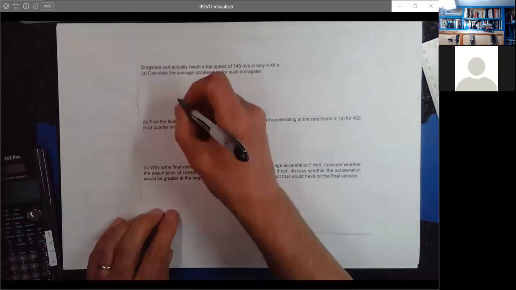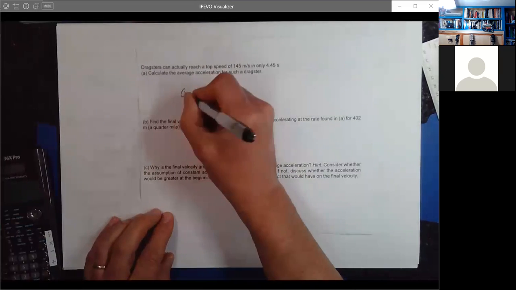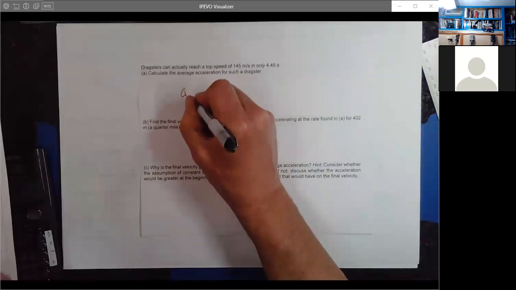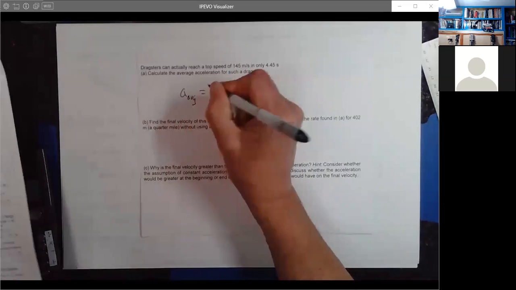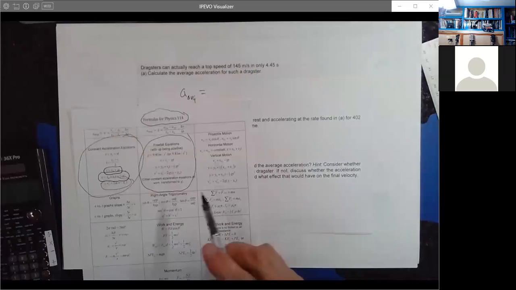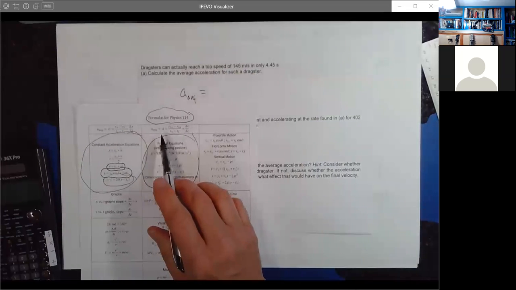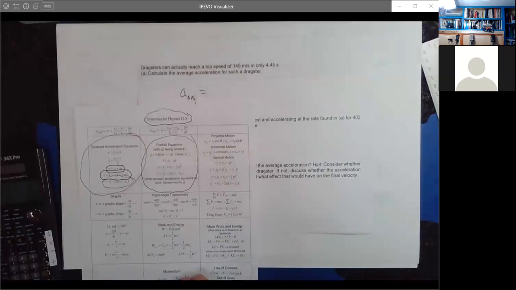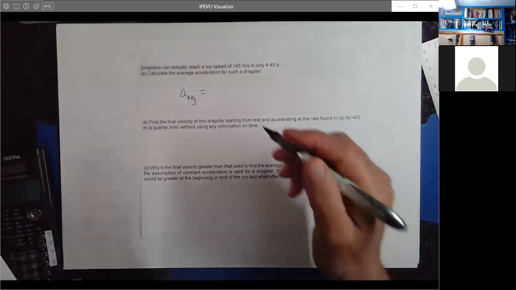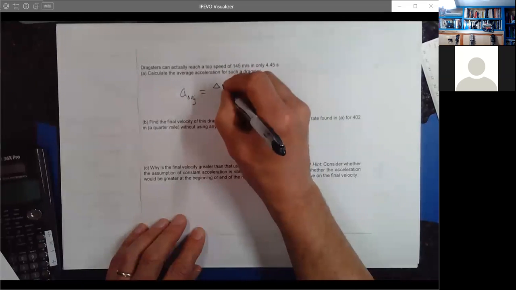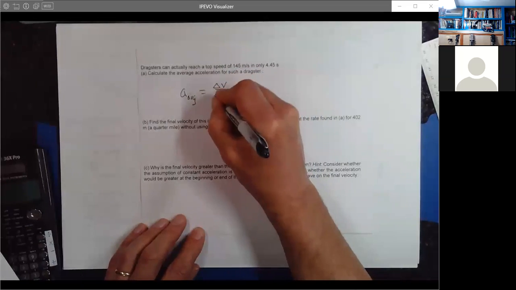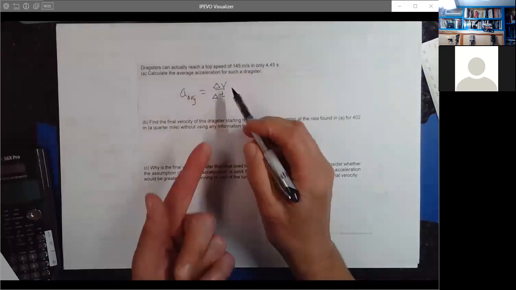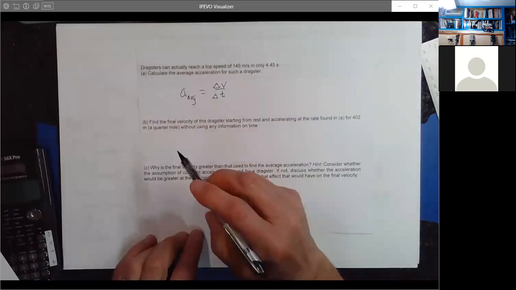Well, average acceleration has a definition formula, and this is actually the definition of average acceleration. It is v2 minus v1 over t2 minus t1, or more simply, it's just delta v over delta t. Change in velocity over change in time.